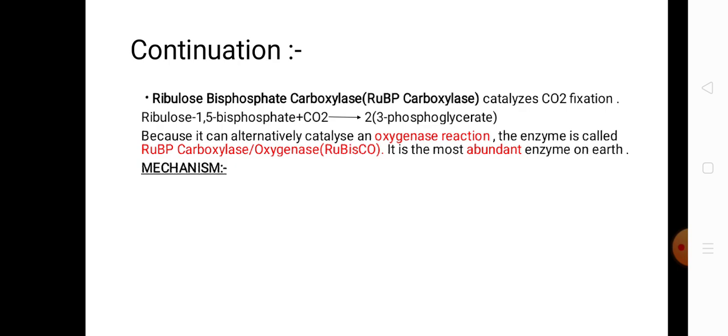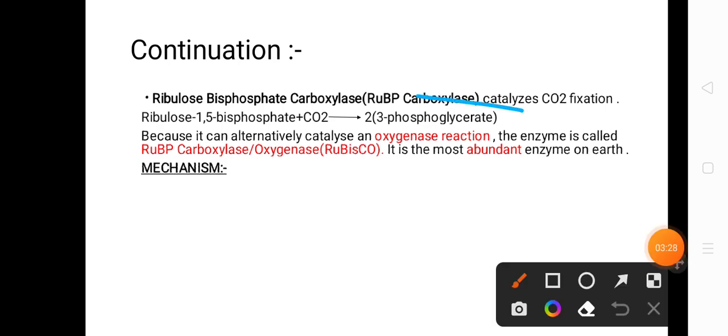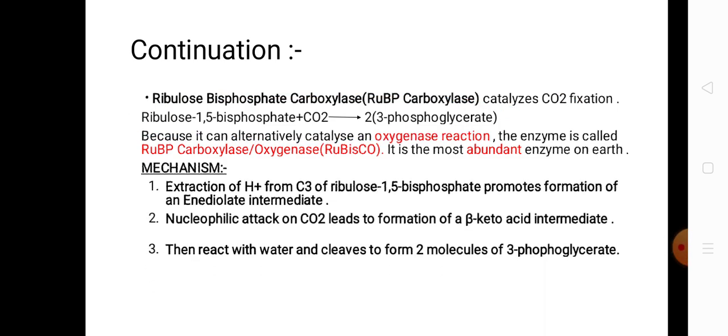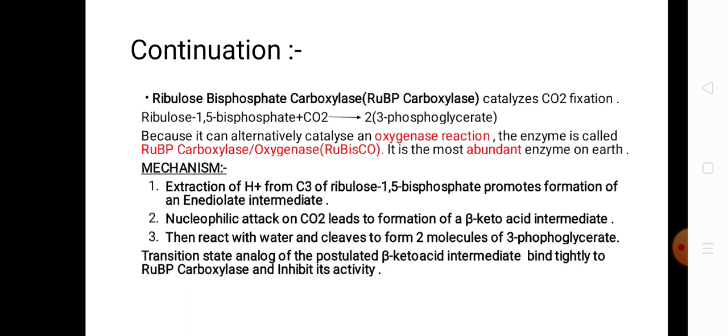Now let's talk about the reaction mechanism of ribulose 1,5-bisphosphate plus CO2 giving 2 molecules of 3-phosphoglycerate. Here is the reaction mechanism that I have written for you, and I am going to explain it with the help of a diagram.